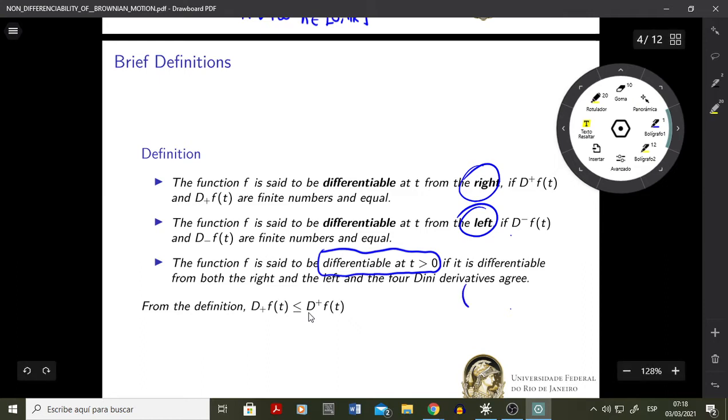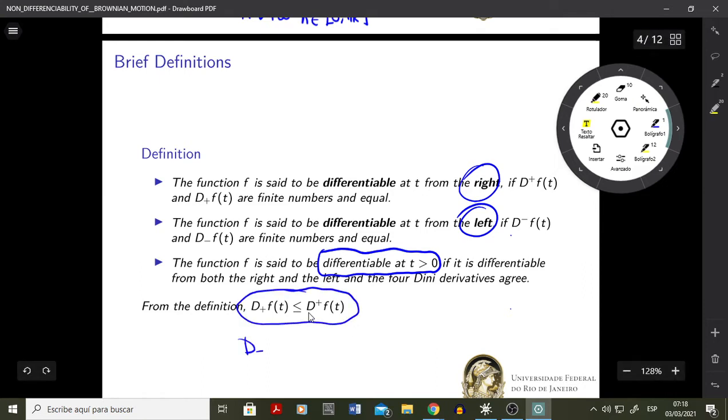So, if one of the Dini derivatives, for instance, is infinite, the function will not be differentiable at t. Okay. From the definition it is obvious that this happens, no?